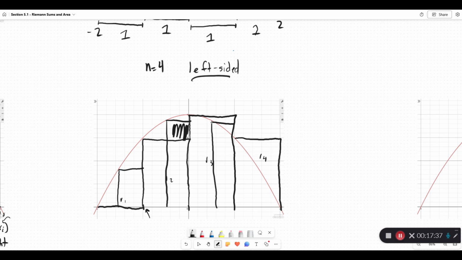Again, it's the same concept that we've seen. So these are the areas I don't want to include. And just like that, suddenly we've created an n equals 8 left-sided.